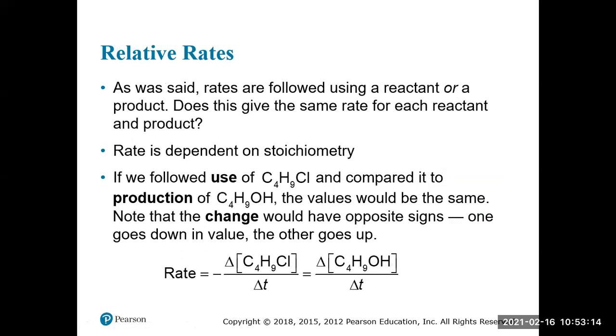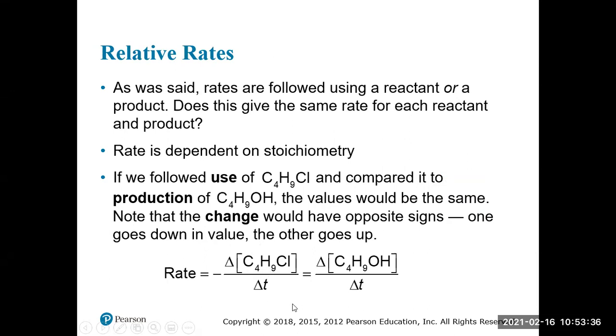So if we write that rate, we would write rate is equal to the change in the butyl chloride concentration divided by the change in time, and it's negative out front of that relationship. And that's because we're using up the butyl chloride.